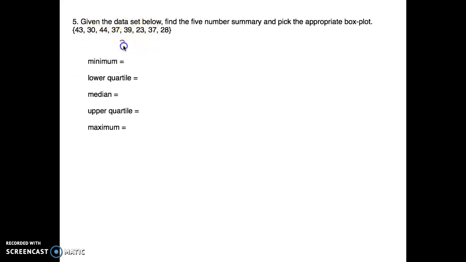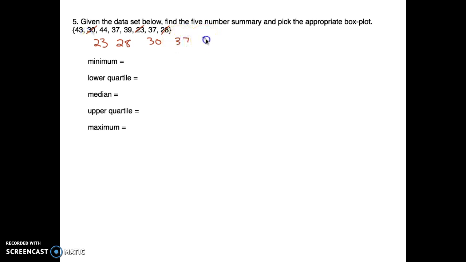So we're going to start with 23. I'm actually going to scoot this over here. So 23 is our first one. And then see if I have any other 20 numbers. So I've got 28, and then 30, and then 37.